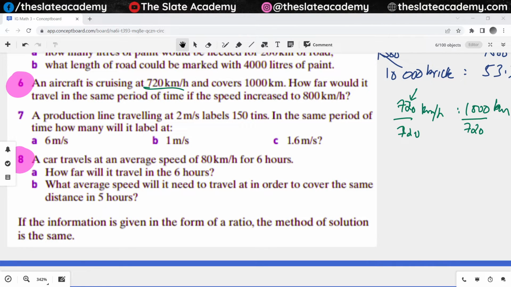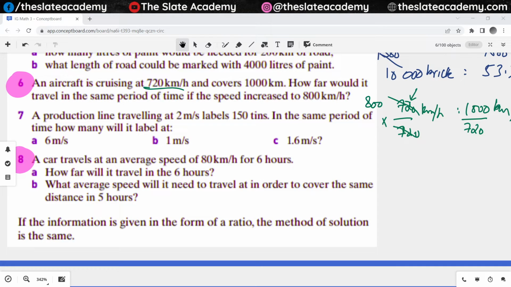The first line says an aircraft is cruising at 720 kilometers per hour. So to get for 1 kilometer per hour, it would become 720 by 720. Now I have to do it for 800 kilometers per hour, so I multiply this with 800 and the other side with 800 as well.